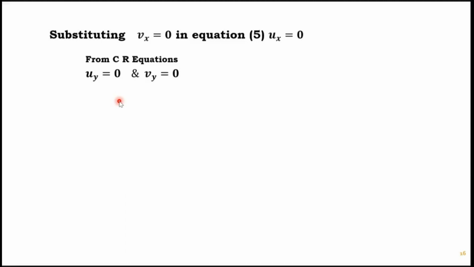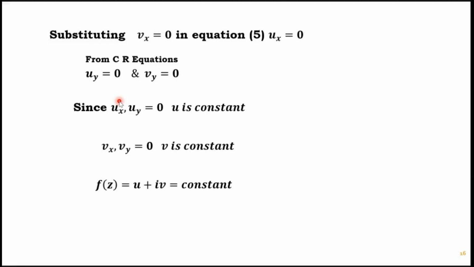The same way, if uy is 0, vy is 0 from CR equations. Since ux 0, uy 0, u is a constant, vx 0. This is the same thing as the previous problem. F of z is equal to u plus iv, which is a constant. ठीक है?